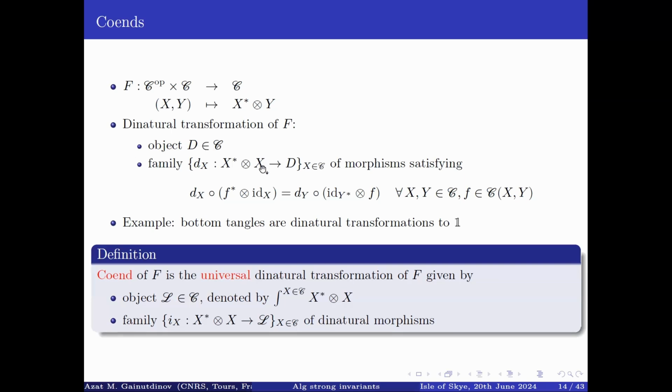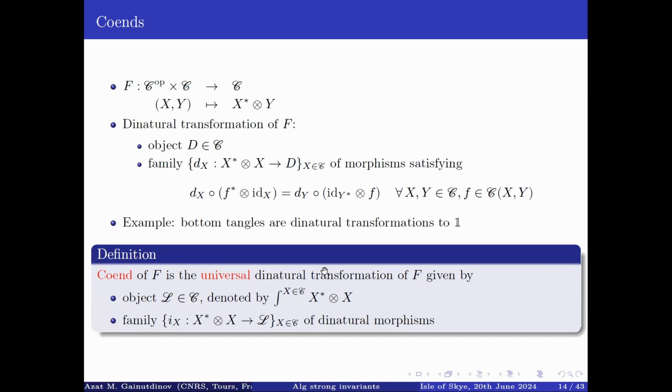It has now two labels, and when you insert a morphism on the second level, it just passes to the other side by taking the dual, right? And so the coend is sort of a universal object with respect to all the dinatural transformations.